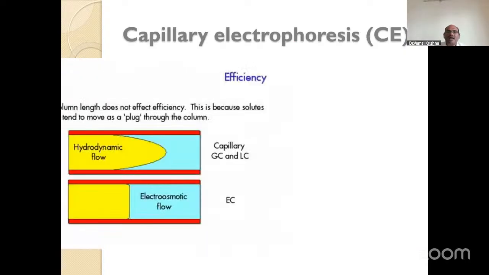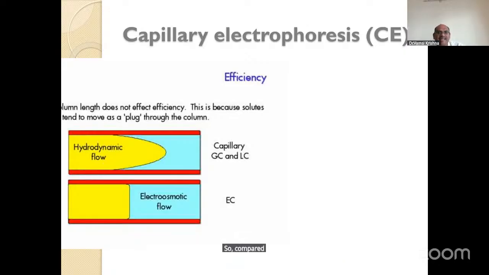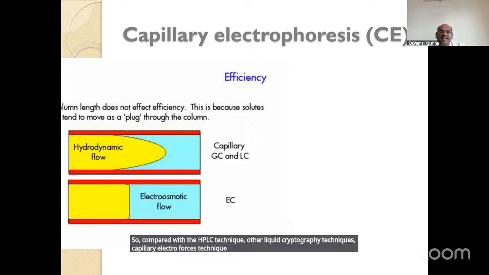Coming to capillary electrophoresis, here the efficiency is the most important thing. Compared with the HPLC technique and other liquid chromatography techniques, we call capillary electrophoresis a highly efficient technique. Why is it highly efficient?